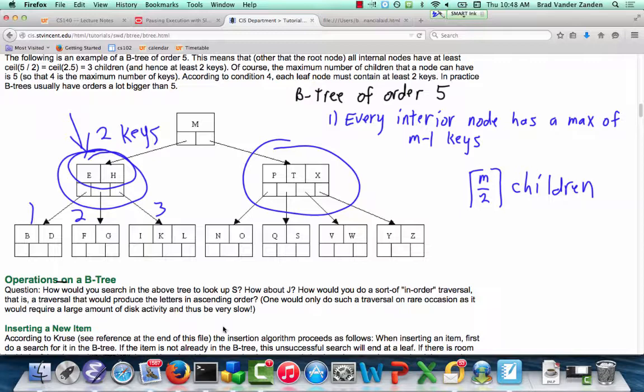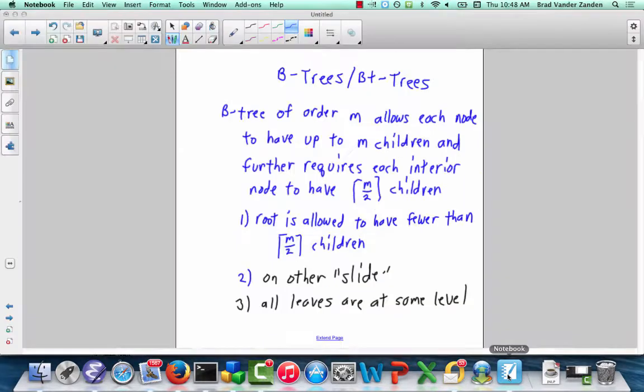Now, what do you notice about the children here? Are they allowed to dip under the so-called m divided by 2 ceiling? How many keys do most of the leaves have? 2.